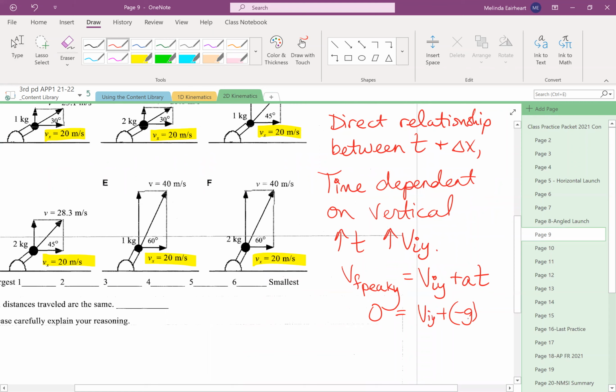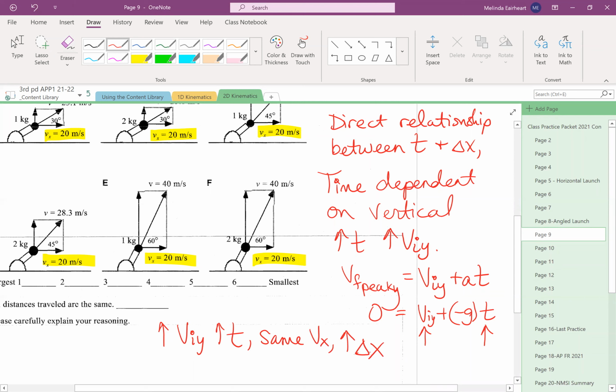And so the one who's in the air the longest, and again, gravity's negative, so you need to subtract a bigger product from a bigger initial velocity to get that 0, right? And so whoever has the greater initial vertical component is in the air the longest, and whoever's in the air the longest with the same Vx will have a greater range.